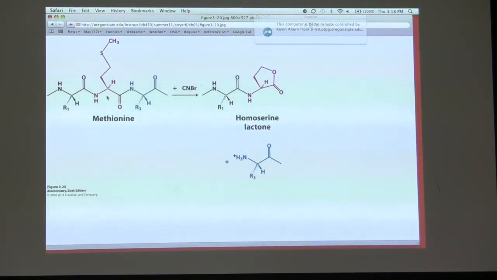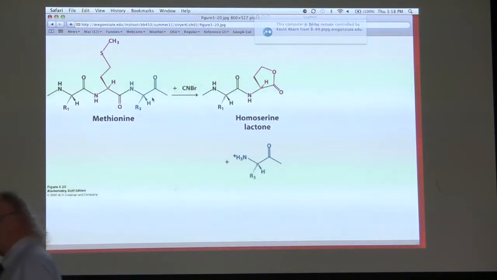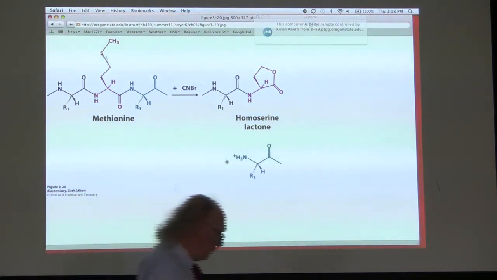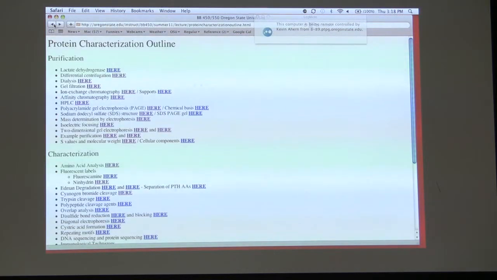So wherever there's methionine, we basically break the polypeptide chain. The beauty of this is it's consistent. We only break at methionines. And we have to have consistency. Otherwise, if we were randomly cutting things, then we wouldn't know how to put the pieces together. So cyanogen bromide is a very useful reagent for breaking peptides or polypeptides at a given place.